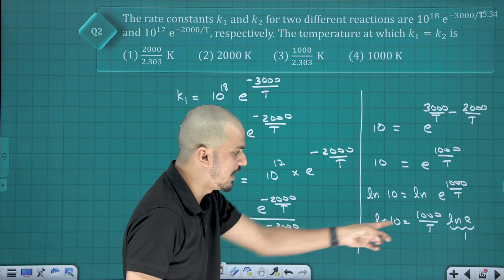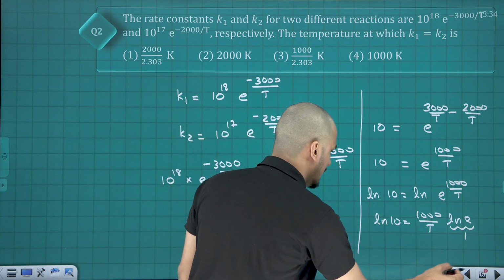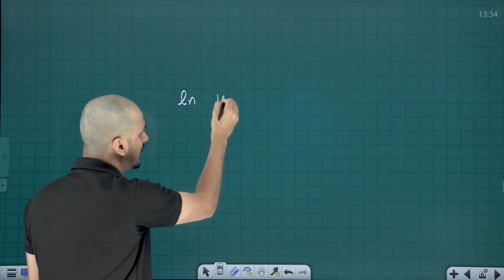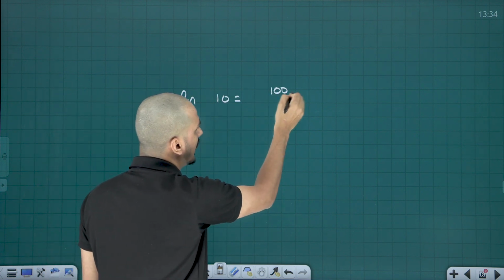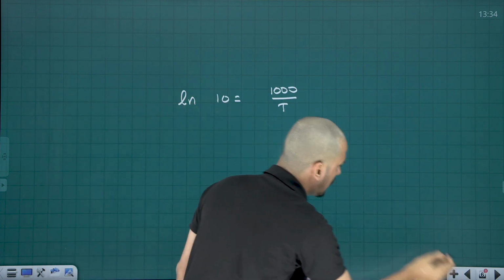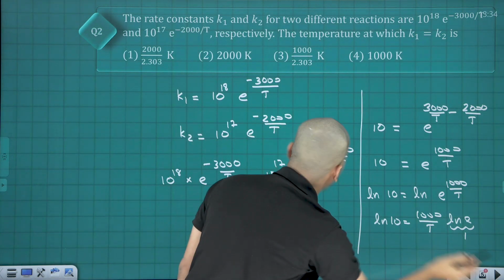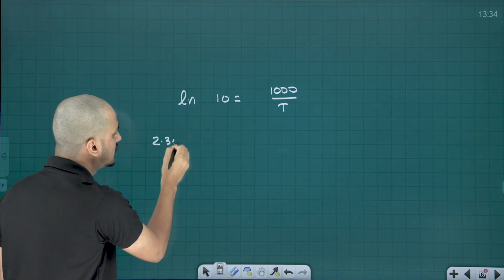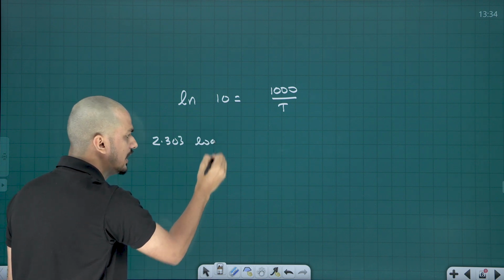Then what is remaining? Ln 10 equals 1000 by T. So what is ln 10? I can write it as 2.303 into log 10.